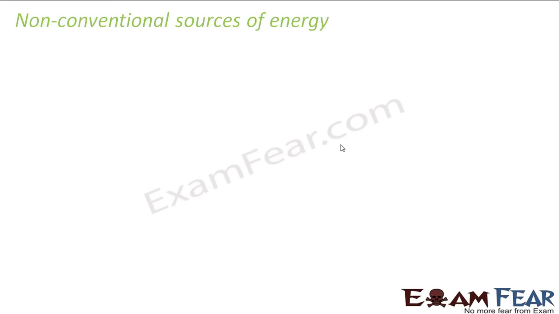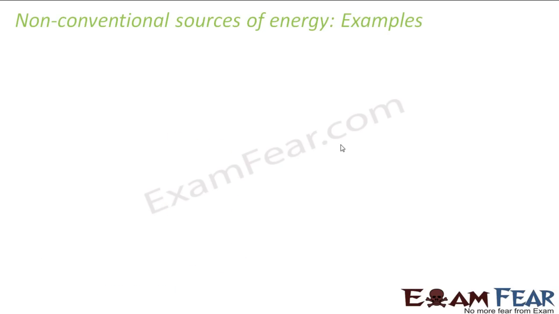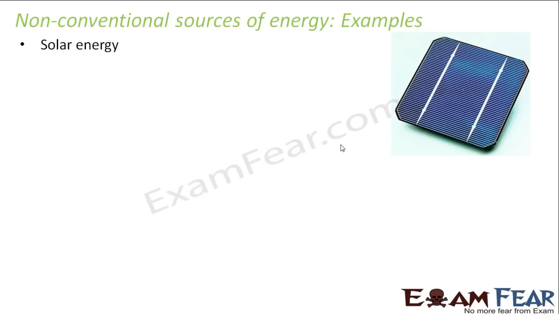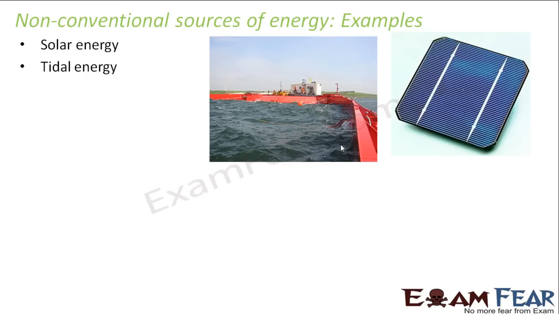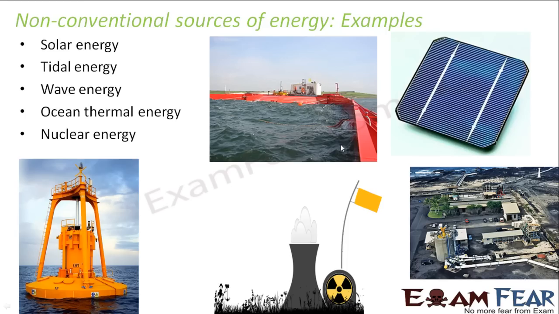So what are non-conventional sources of energy? As I mentioned earlier, examples of non-conventional sources are solar energy, tidal energy, wave energy, ocean thermal energy, and nuclear energy. All these energies take care of the fact that pollution is decreased.